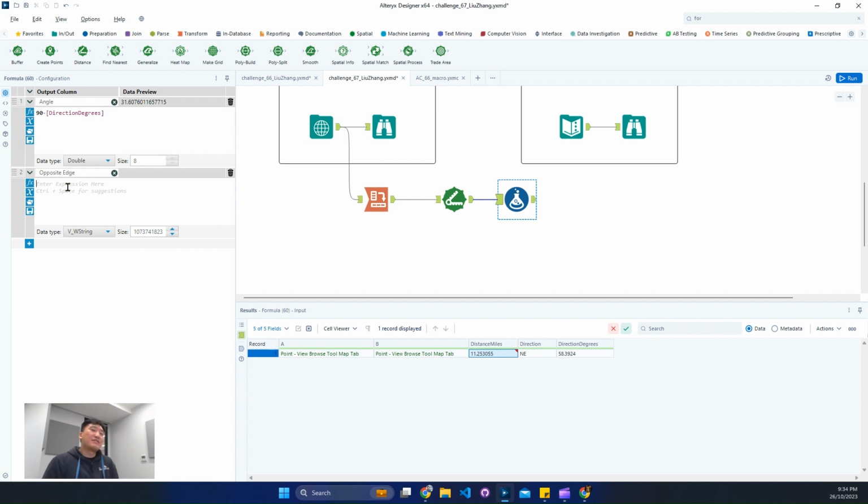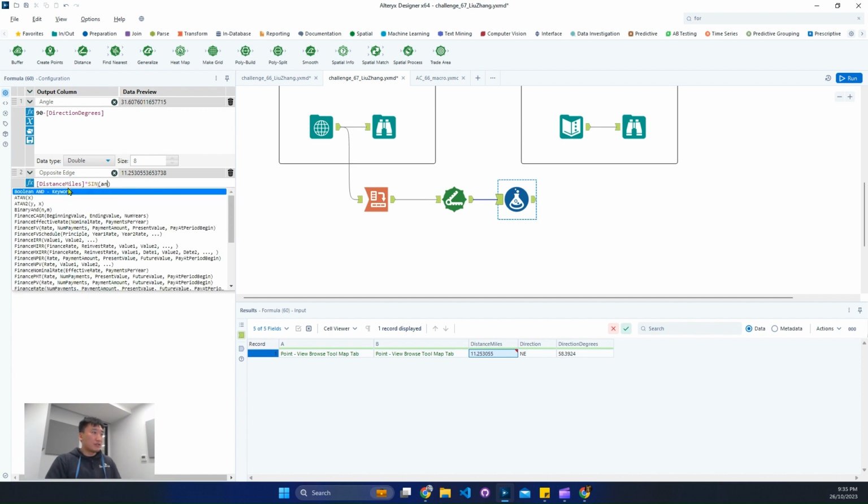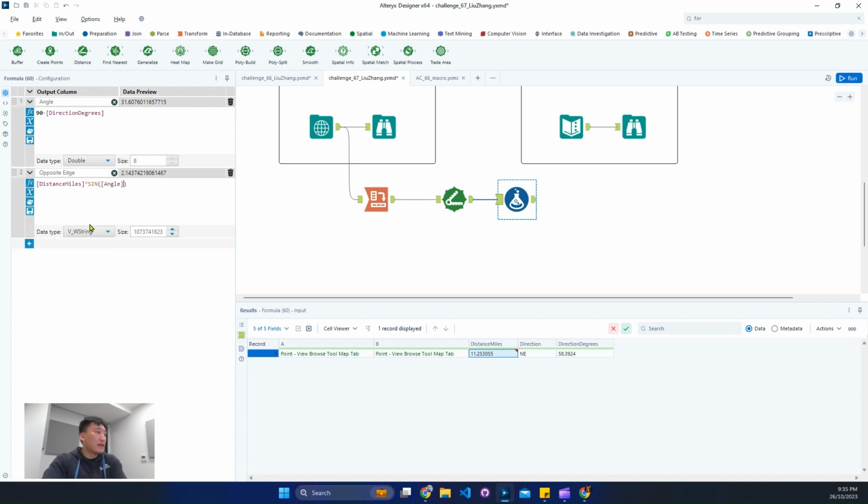So sine theta equals the ratio, so the opposite should be the hypotenuse, which is the distance in miles, times the sine of the angle. That should be the base height. Then you can find the adjacent. I don't remember how to start adjacent. The base should be the cosine instead.